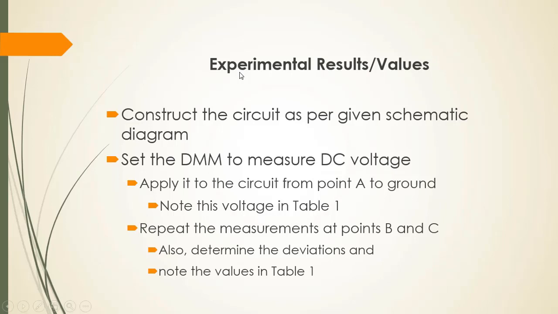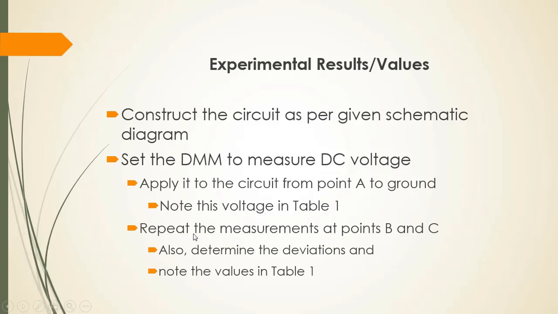After calculating the theoretical values, now we will come to the experimental results. To calculate the experimental values, we have to construct our circuit as per the given schematic diagram. After that, we will set the DMM to measure the DC voltage. Then we will apply it to the circuit from point A with respect to ground, and we will note this value in table number 1.